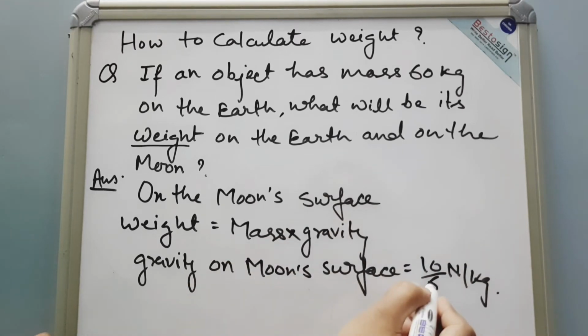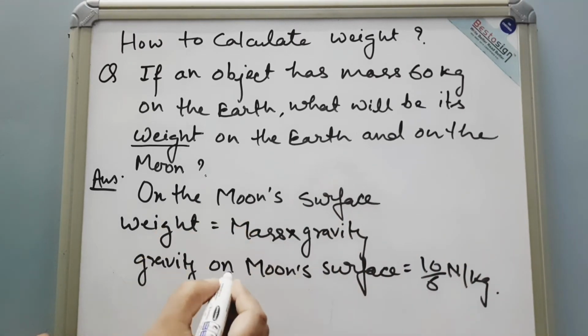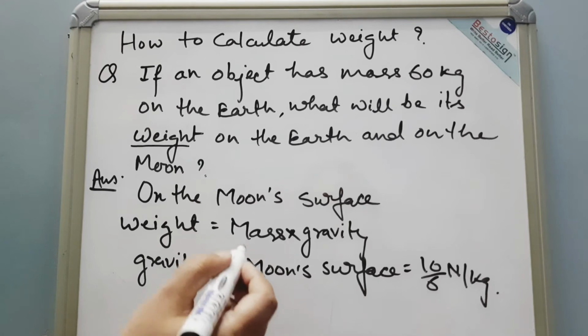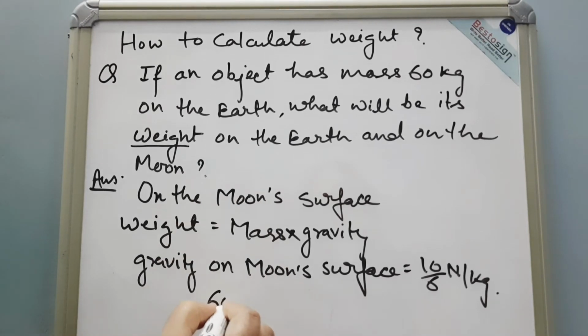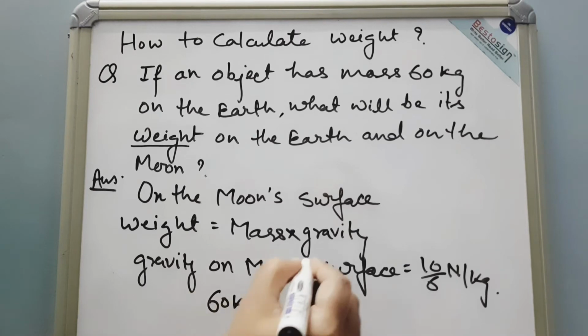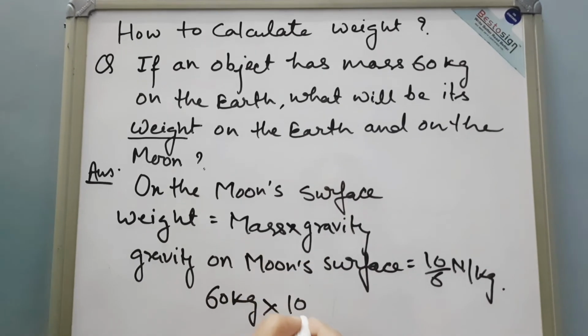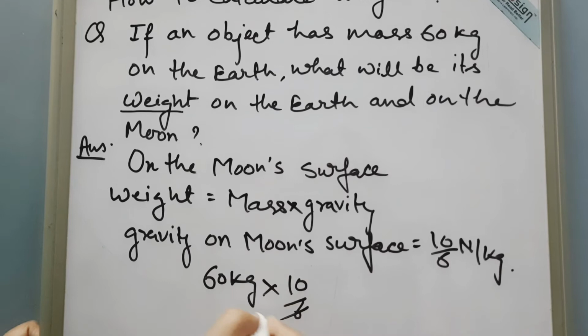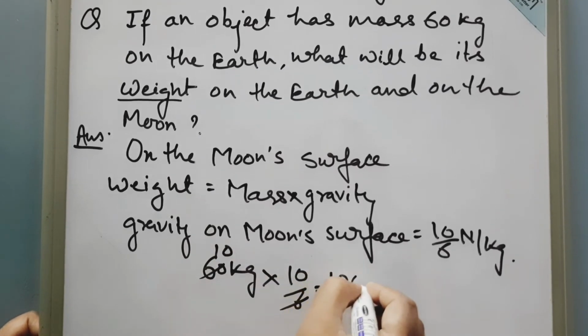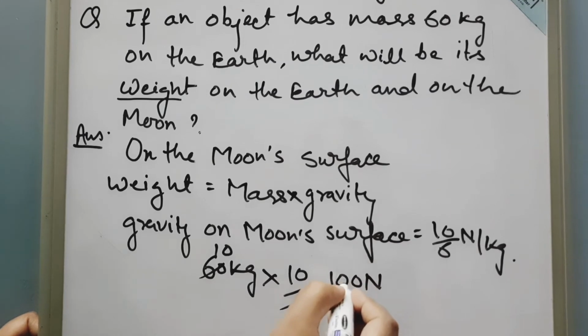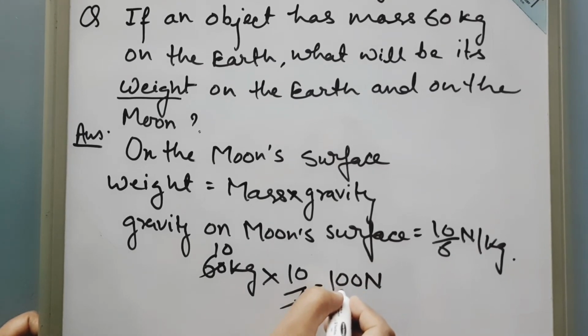Now we'll put this value in this formula. So mass, as you know, will be the same whether it is Earth or moon. So mass will be 60 kg into gravity 10 by 6. So 10 times, so 100 Newton will be the weight of that object on moon.